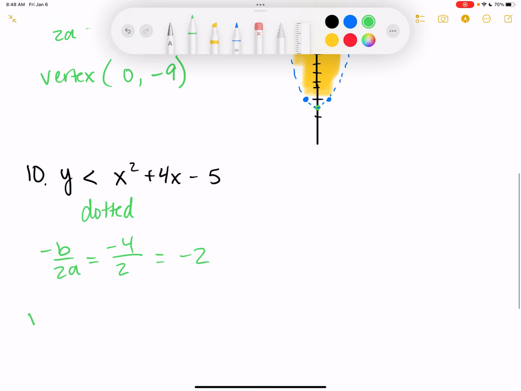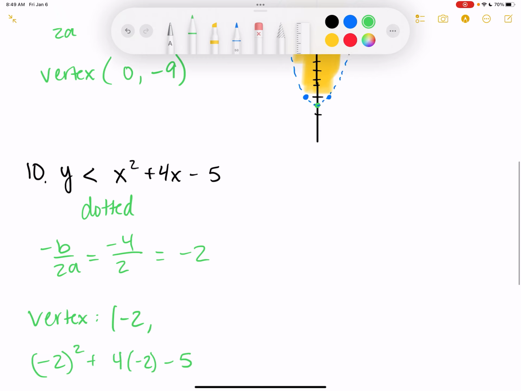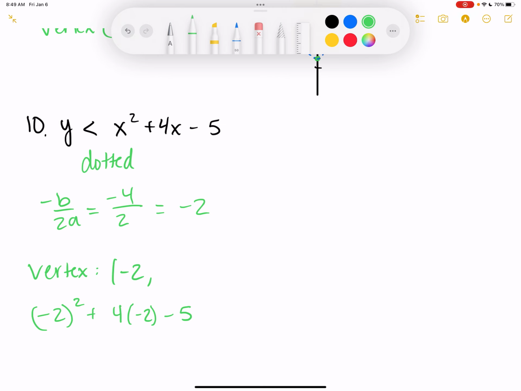So the x coordinate of the vertex is negative 2. We plug that back in, so we have negative 2 squared plus 4 times negative 2 minus 5. So that's 4 minus 8 minus 5. So is that negative 9?